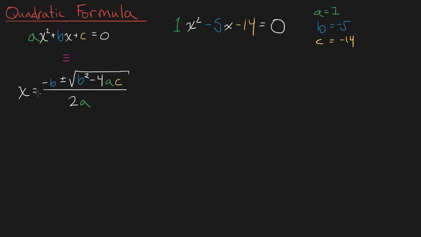And now I'm going to copy the quadratic formula here, and I'm just going to replace b with -5 and a with 1 and c with -14. So let's go ahead and do that. And I'll preserve the colors here just so we can see where everything is going.